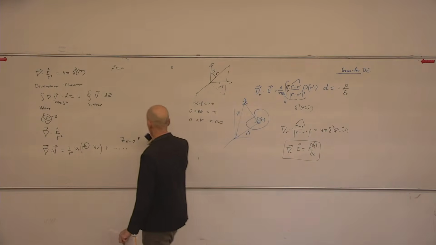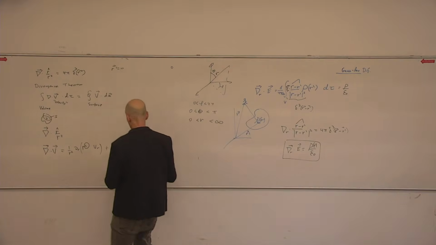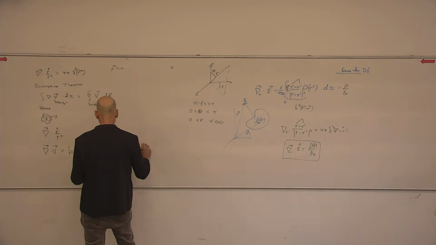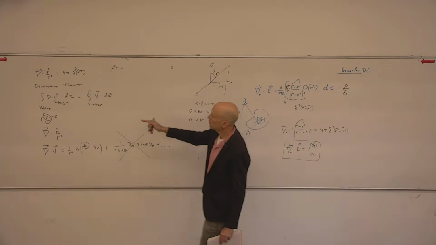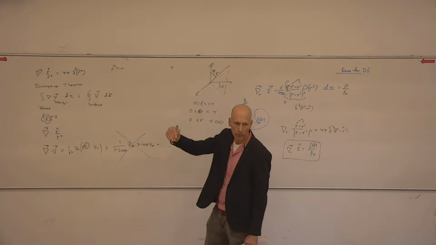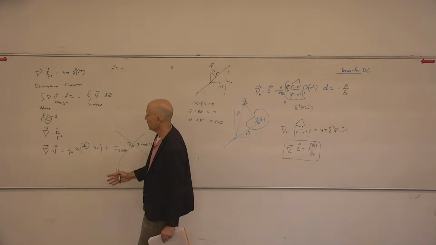But eventually they will be 0. So for example, we have all kinds of nasty things, like d theta sine theta v theta. This is not relevant for us because the electric field, this field, is in the r direction. There is no component in the theta direction. So this one will go away, and the only thing that will remain is this one.